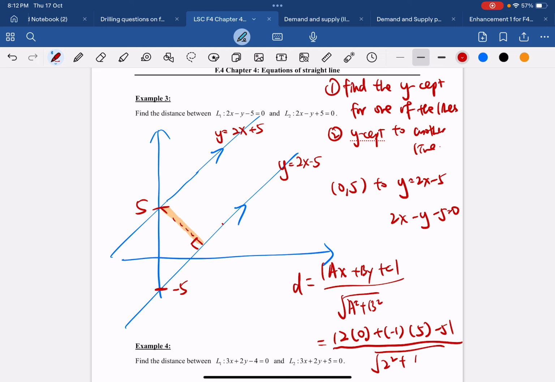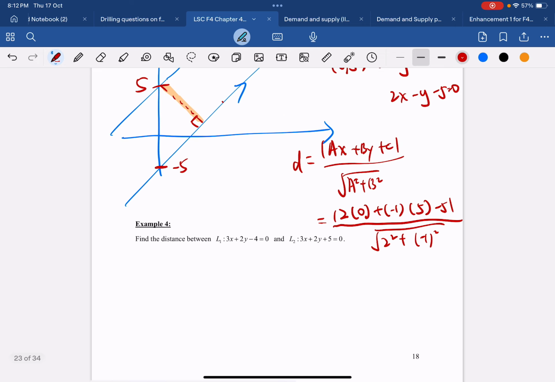And then you will get the answer: 10 over root 5, which you rationalize, so 10 root 5 over 5, so it's 2 root 5 units.